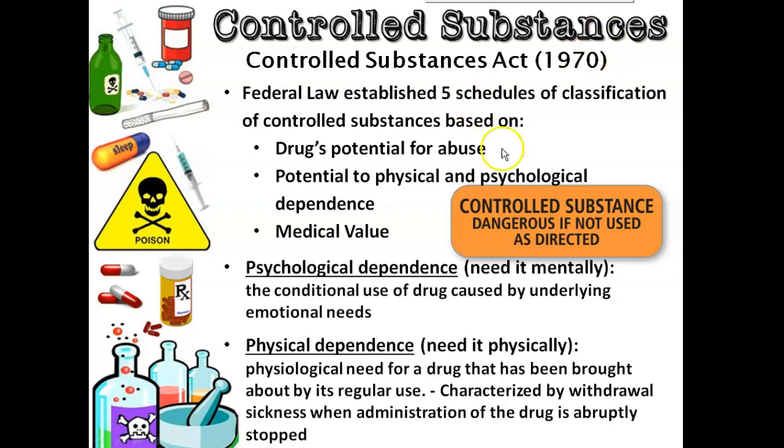The other one is potential for physical dependence. Physical dependence means that there's a physiological need for that drug that has been brought about by its regular use. So what happens is over time, as people continue to use a certain drug over and over and over again, their human body gets used to it. And whenever they try to stop it, they start to show withdrawal symptoms.